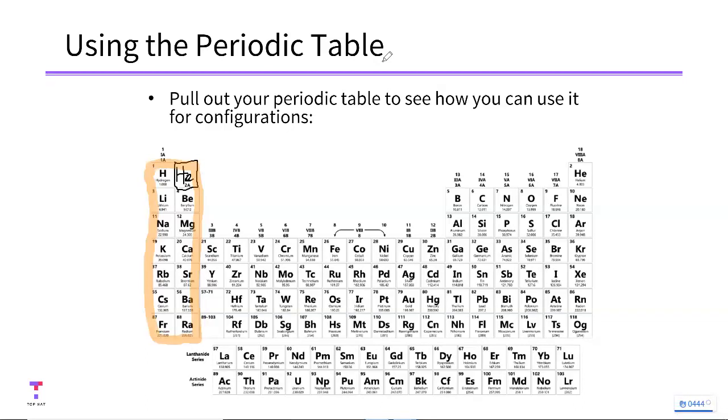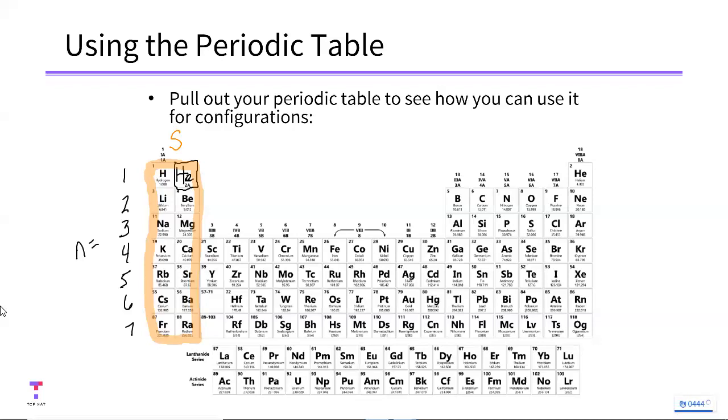And we're going to label this as the S block. So our period numbers here give us the energy levels. The positions here are going to give us the sublevels. So elements in these first two columns are in the S block.